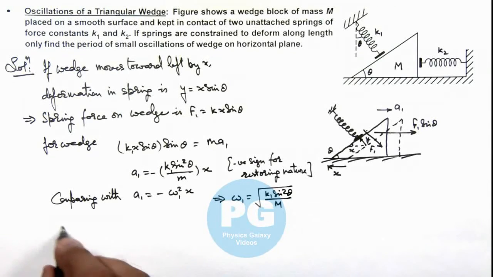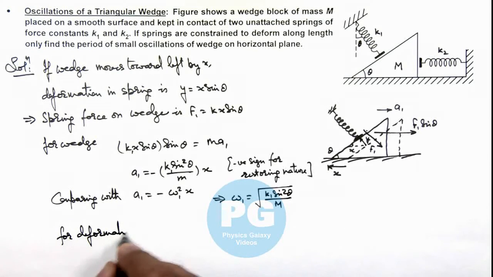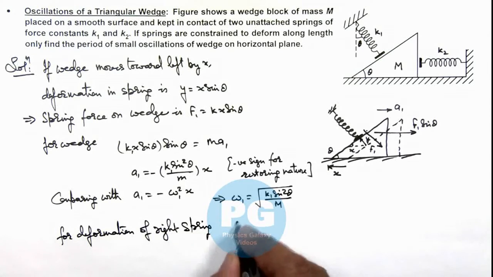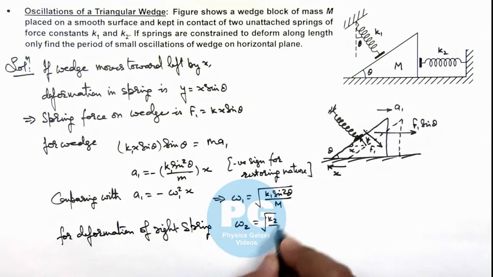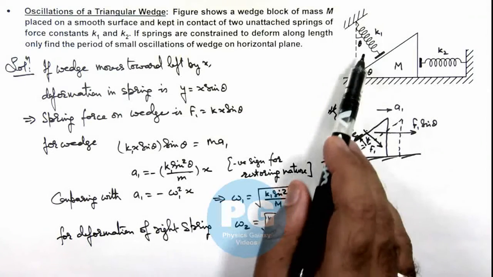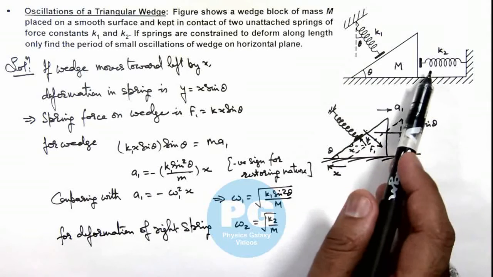And obviously for deformation of the right spring, we can write the angular frequency omega 2 as root of k2 by m, and half the oscillation of the wedge is in the influence of one spring and half in the influence of the other spring.